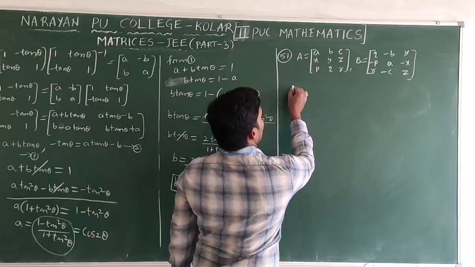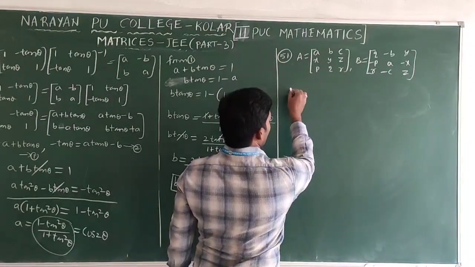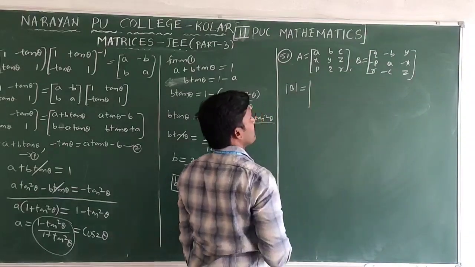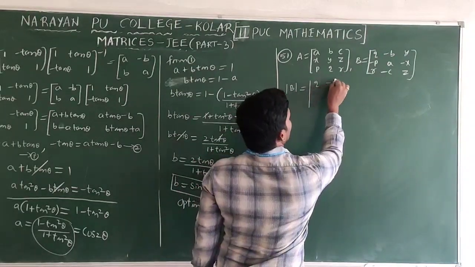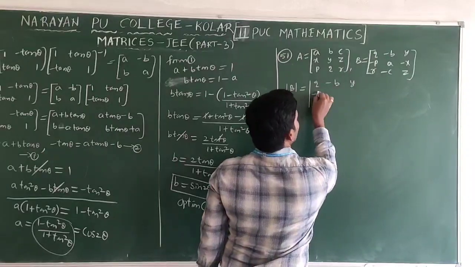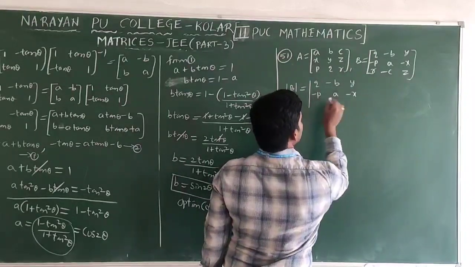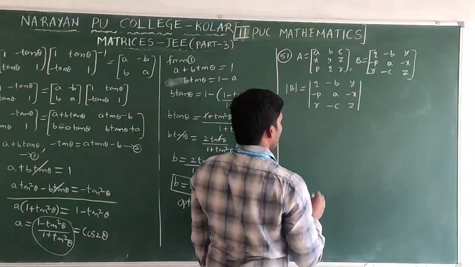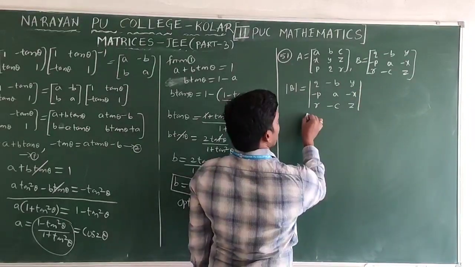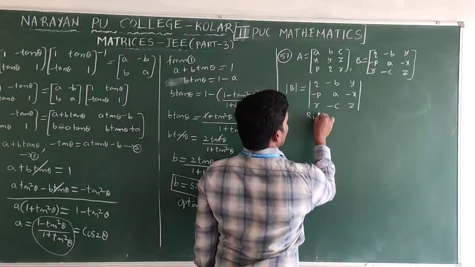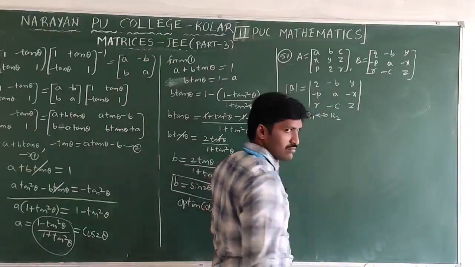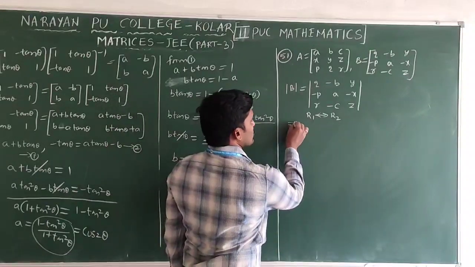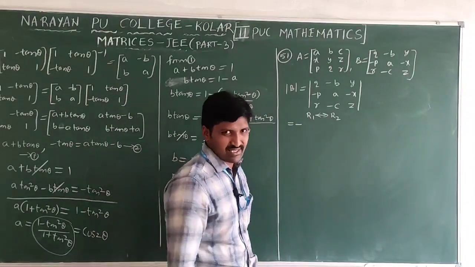Now take det A, clearly we will get the determinant value. I will take det B here: Q minus B, Y minus P, A minus X, R minus C, Z. Now I will simplify this. I will interchange row 1 and row 2. By interchanging any two rows or any two columns, the sign changes.